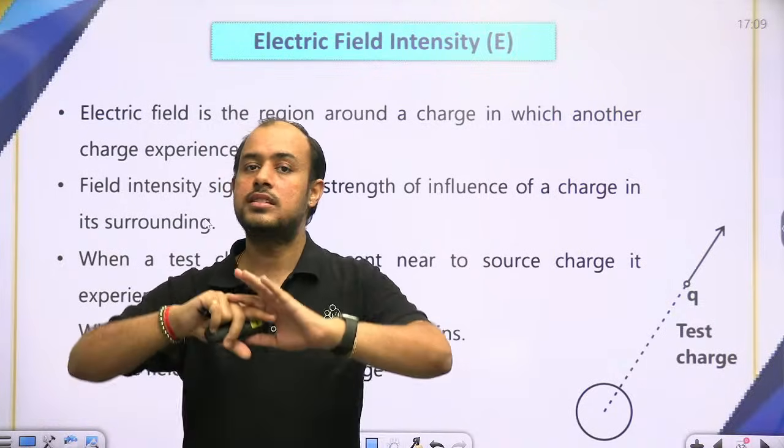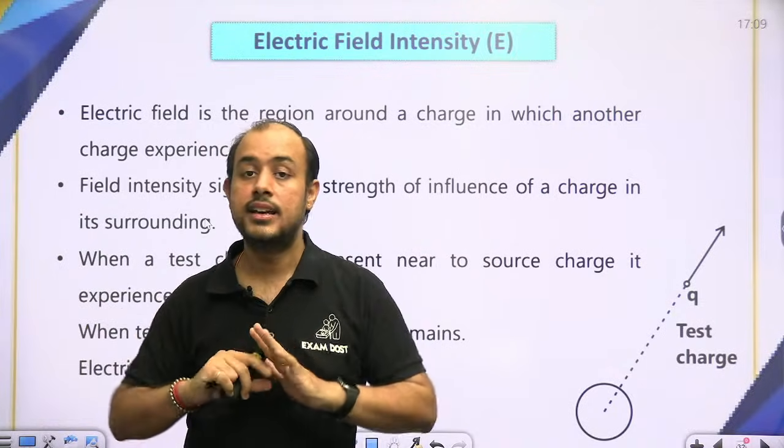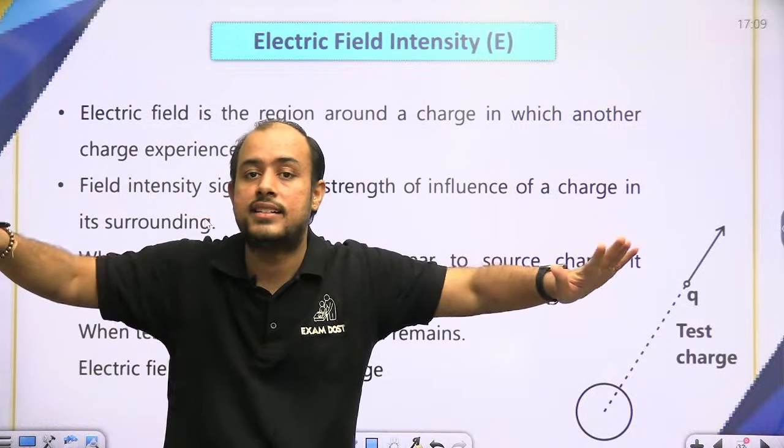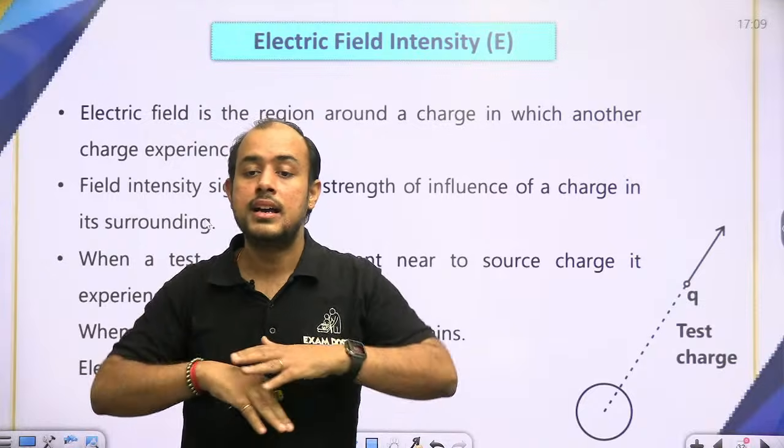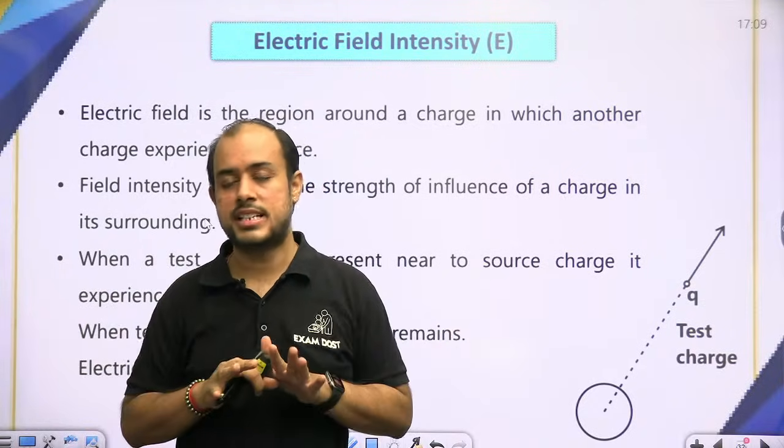That even if there is no other charge, there is only one charge, this charge has spread its influence in the surrounding. जब मैं एक अकेला चार्ज भी हूं बेटा, मैंने अपने चारों तरफ अपना फील्ड बिछा के रखा है.